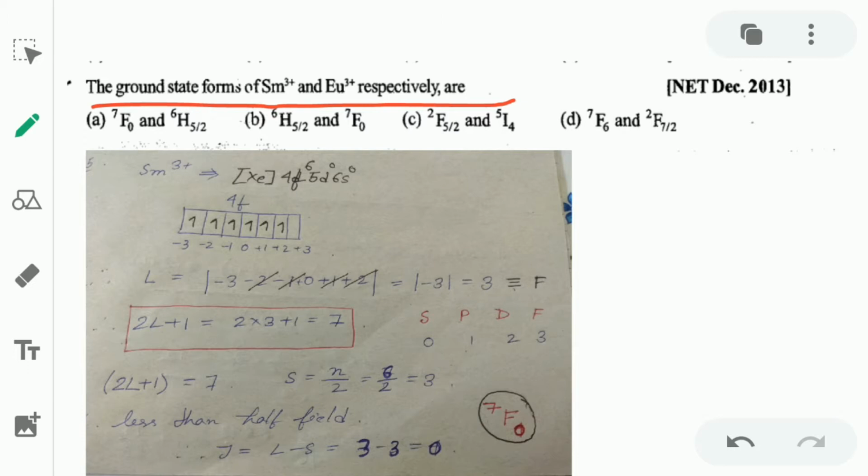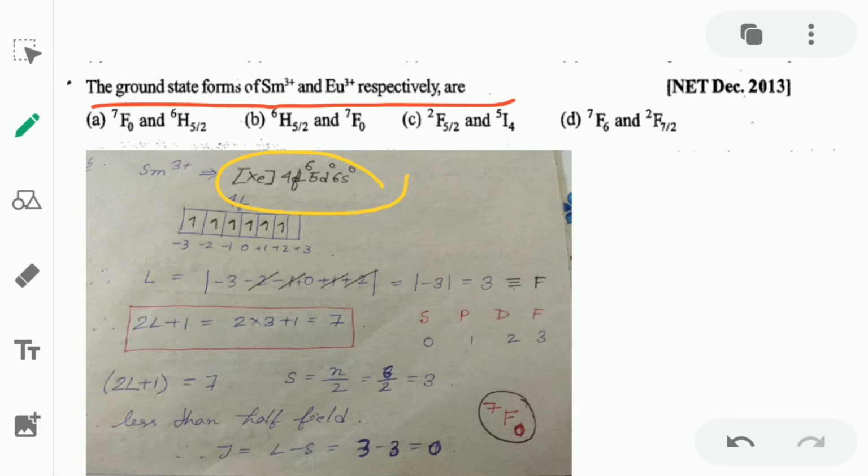So for samarium 3+, the electronic configuration is xenon 4f5 5d0 6s0.